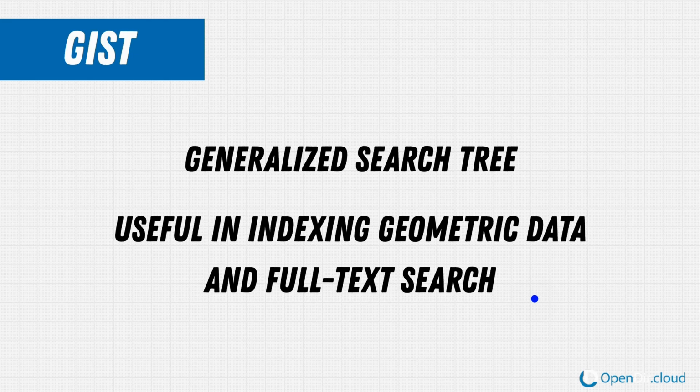Well, if you needed to write a query to search for specifically that, the GIST algorithm would be your best bet because you're doing a full text search against a field and it could be quite heavy to index in a different way. That's what the generalized search tree index is for.